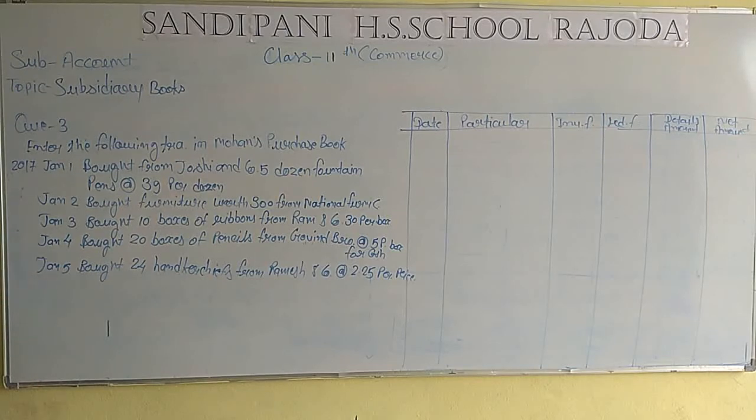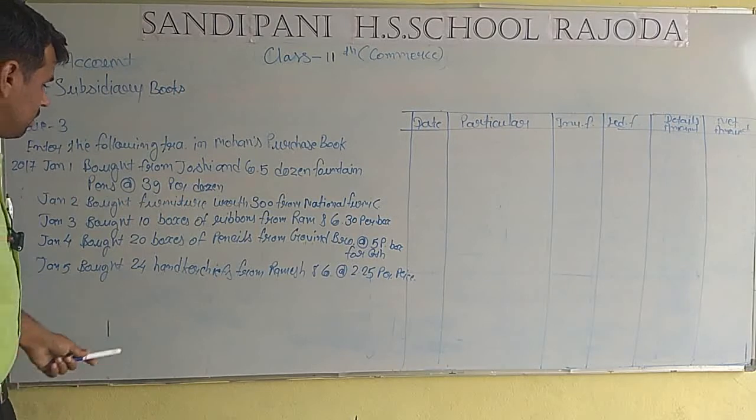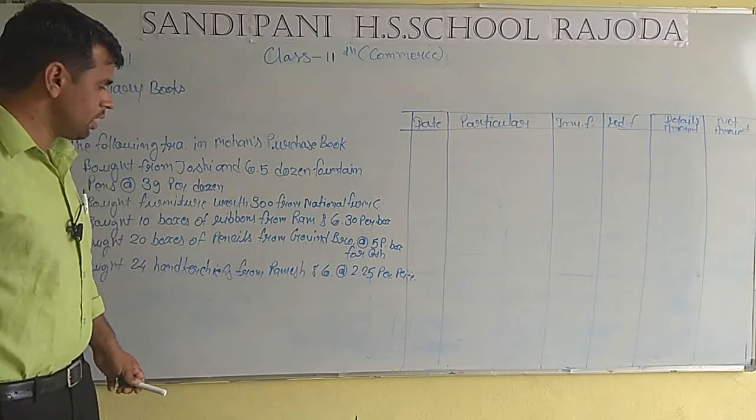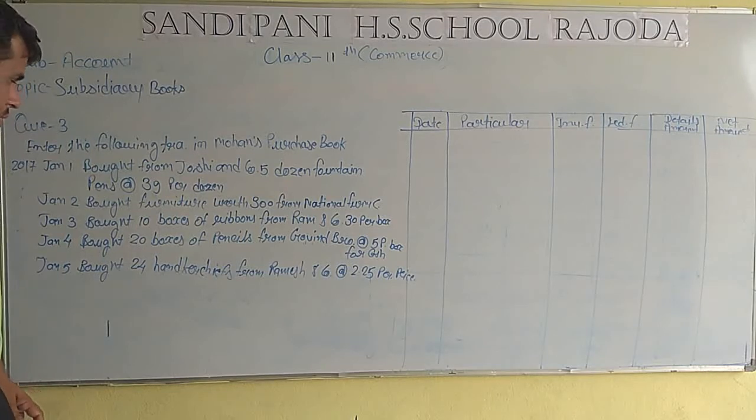And 5th January, bought 24 handkerchiefs from Ramesh and Company at the rate of 2.25 per piece.